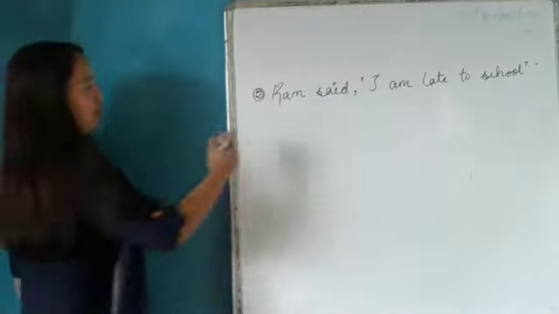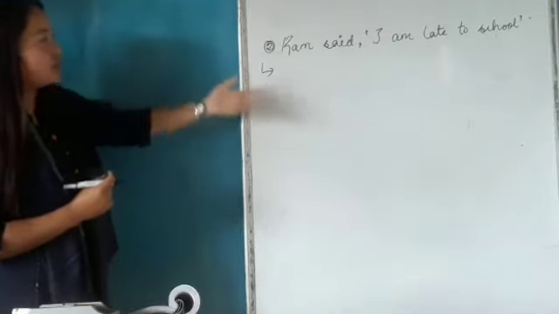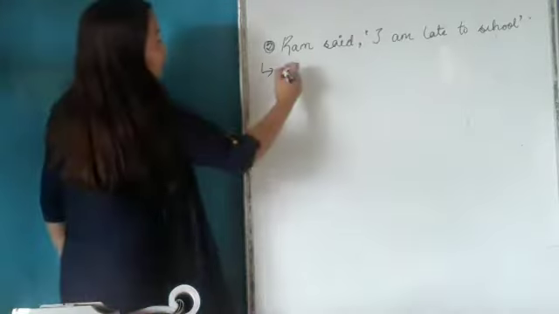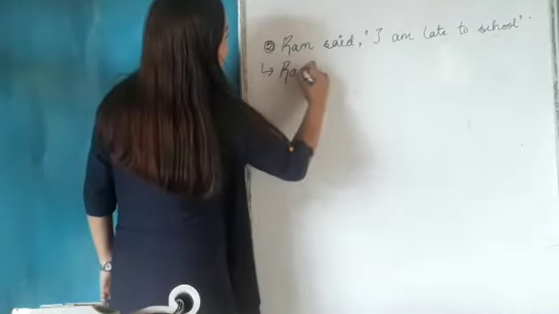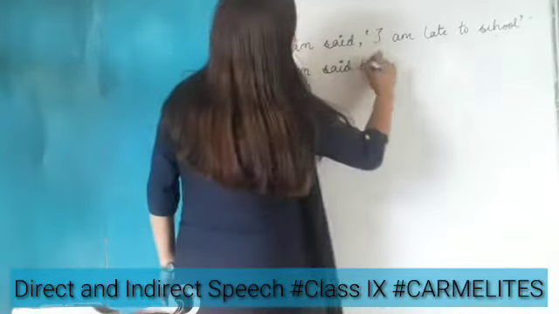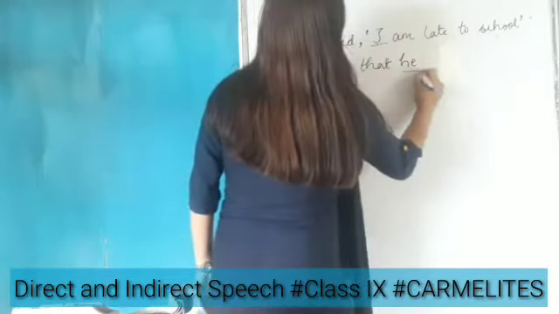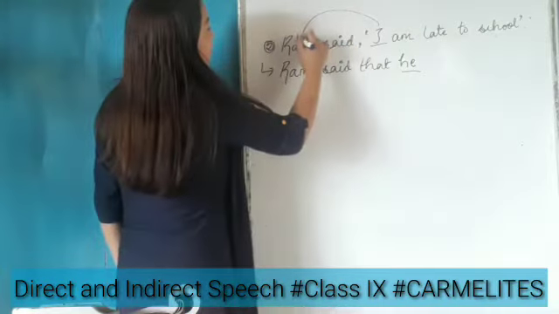You have to convert it into indirect speech, and I will help you with that. It becomes: Ram said that he was. I becomes he, because I is the speaker, that is Ram.